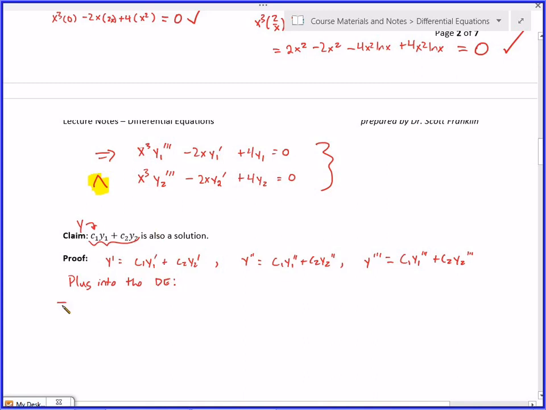And here's what I get. X cubed times C1 y1 triple prime plus C2 y2 triple prime, minus 2x times C1 y1 prime plus C2 y2 prime, plus 4 times C1 y1 plus C2 y2.